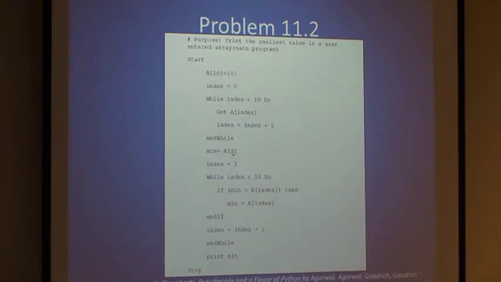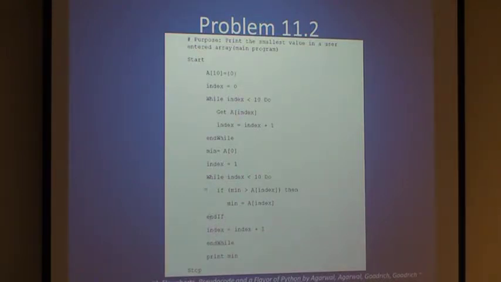Then you assume the first one is the minimum, okay? A sub 0 is picked as the minimum. Then you go through the rest because index is 1 through 9. And if you come across a smaller one, then you save it in min. That's the logic here. And then this end if should be a little bit here to the right.